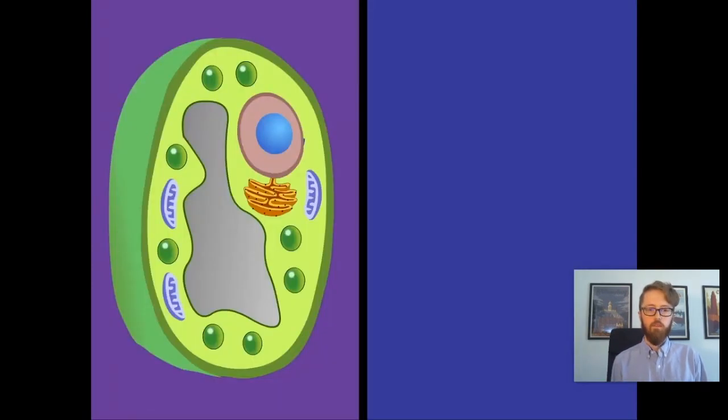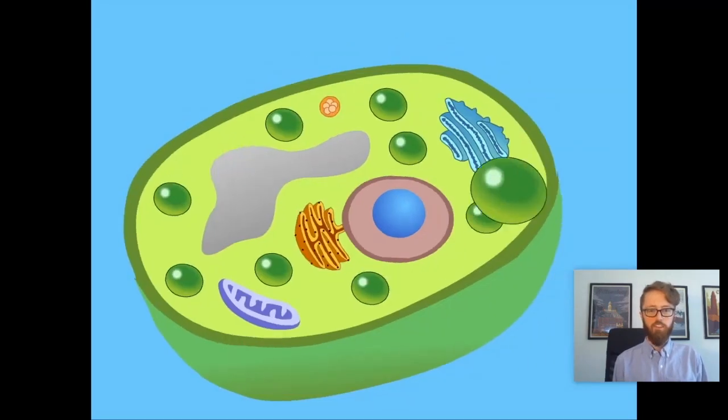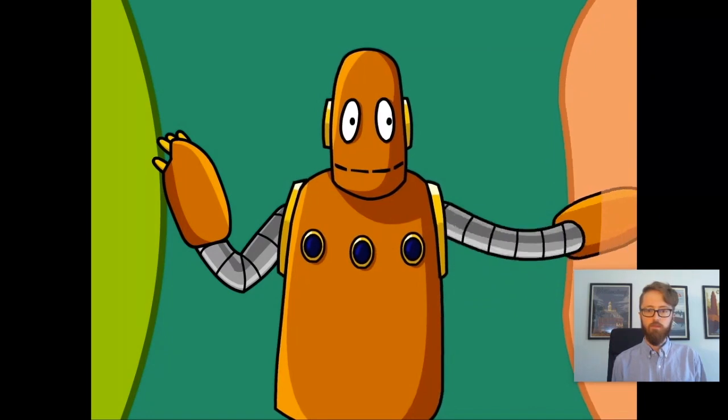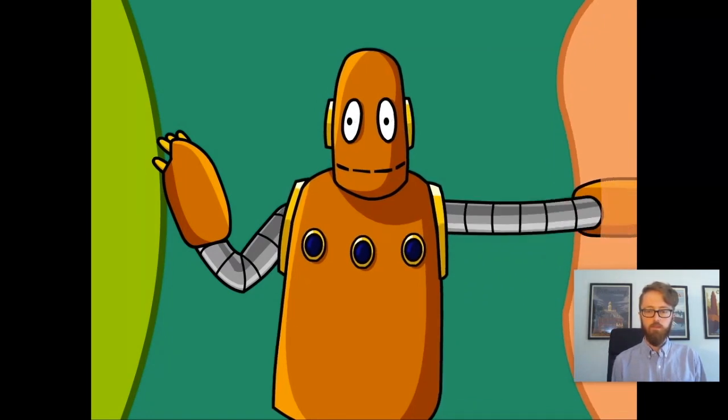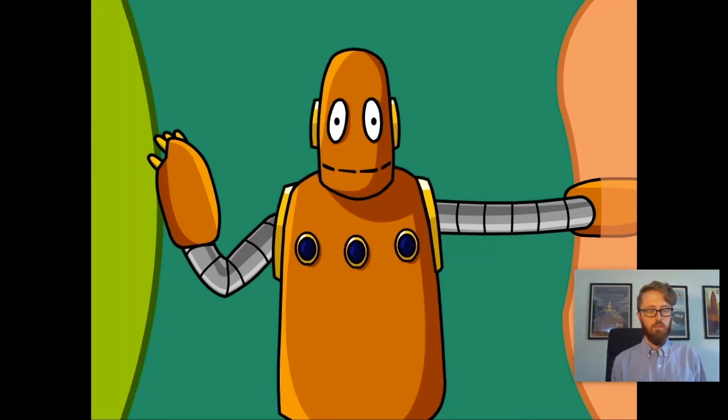Plant cells can make their own food, and animal cells can't. Cool. Plant cells' green color comes from green organelles called chloroplasts. Chloroplasts trap light energy and enable plants to conduct photosynthesis. Animal cells are surrounded with a flexible cell membrane. Plant cells have a membrane too, but outside of that, they protect themselves with a stiff outer wall.